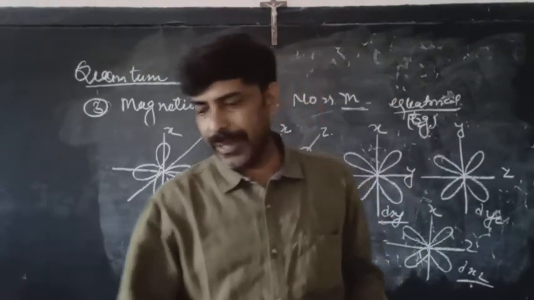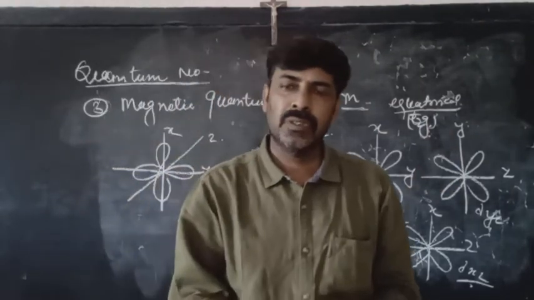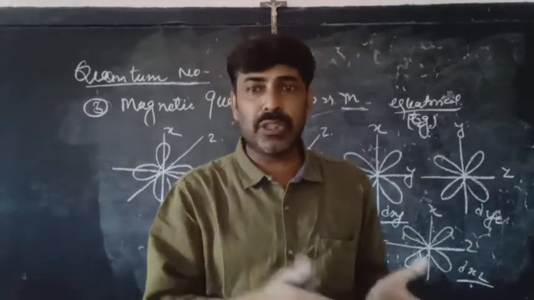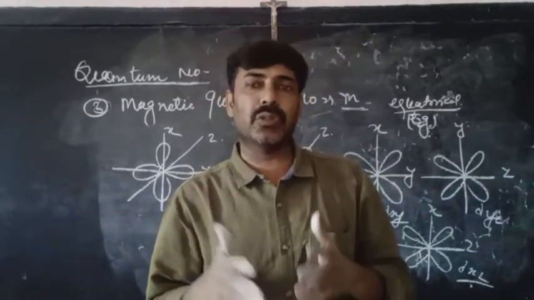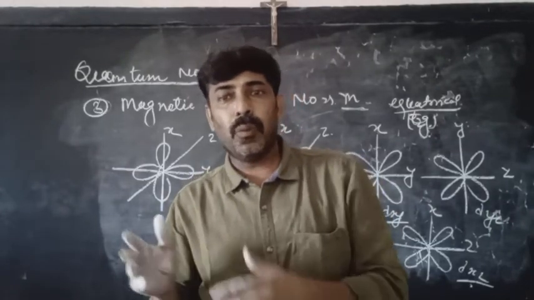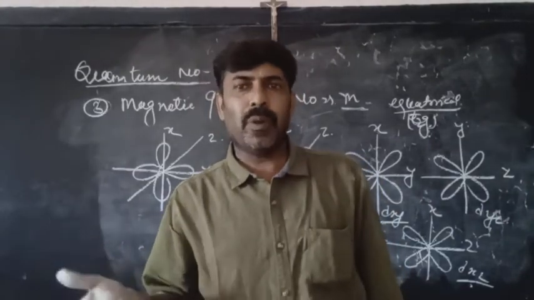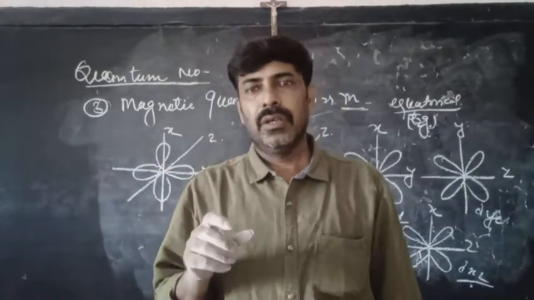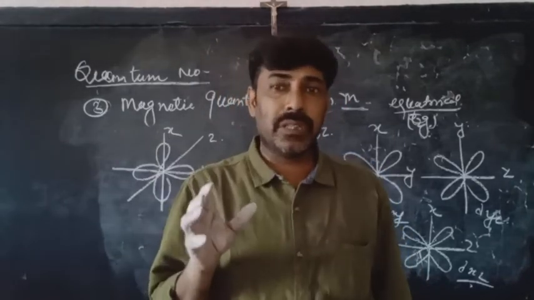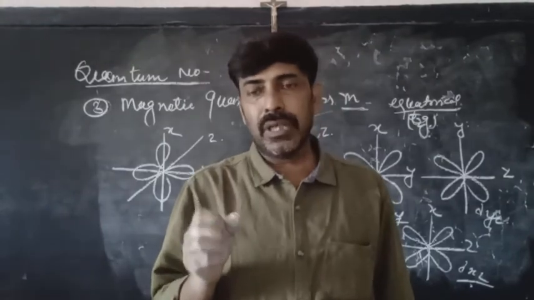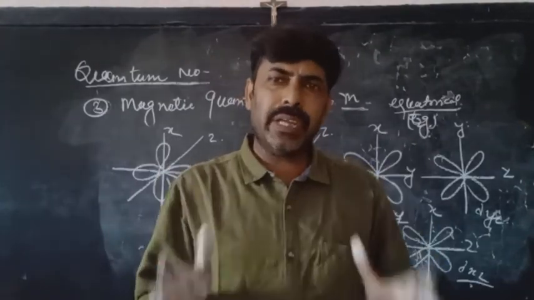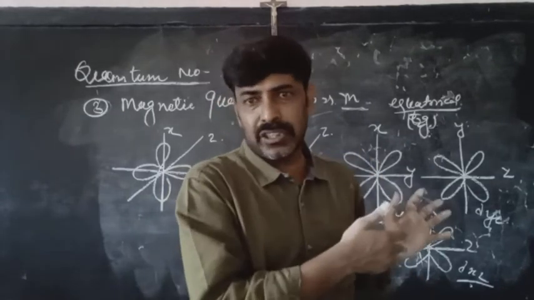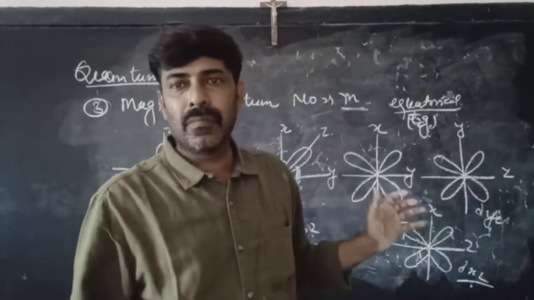Now about the F-subshell. When you talk about the F-subshell, there are 7 orientations from -3 to +3. That is -3, -2, -1, 0, +1, +2 and +3. But when it is time to draw the orientations of the F-subshell, you already know that the F-subshell is a very complex shape in 3D, and it is very difficult to represent these 3D orbitals on a 2D surface like this blackboard.